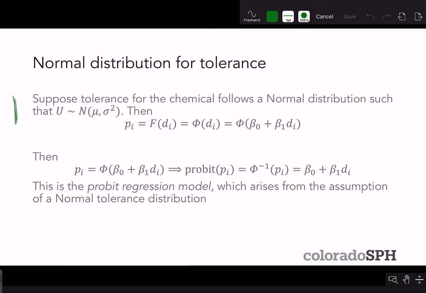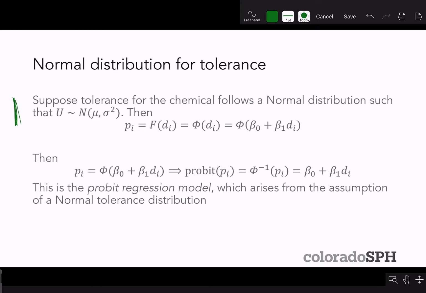So let's make this a little bit more specific and look at this in terms of the normal distribution. Let's assume that tolerance for the chemical follows a normal distribution, such that U is normally distributed with some mean and variance.